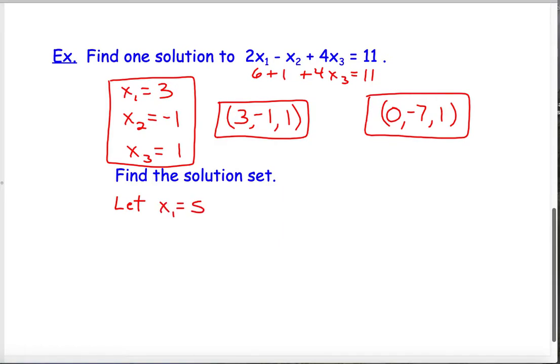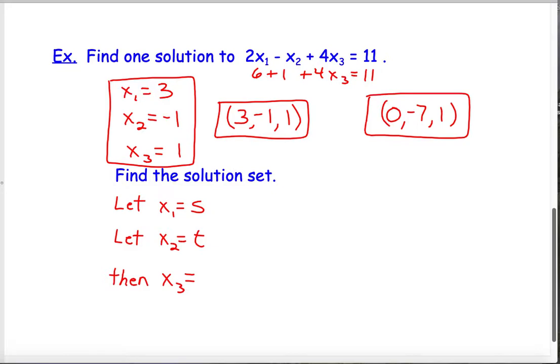Let's let that equal some value s, which represents a real number. And then I'm also going to let x sub 2 equal t, another value. Once I have these two values set, the third variable, x sub 3, now I don't have a choice, just like in the example when I picked specific numbers.